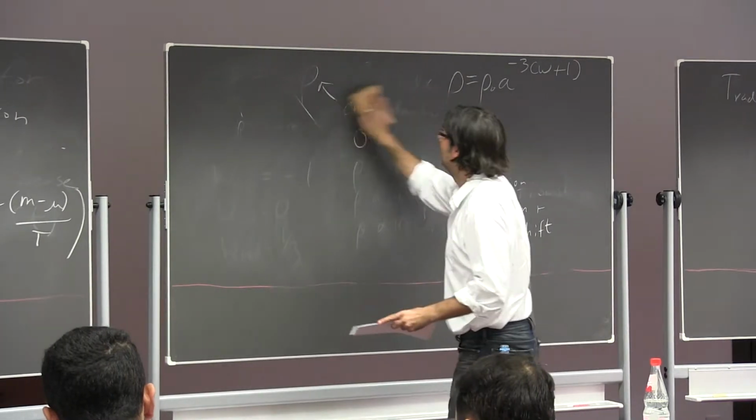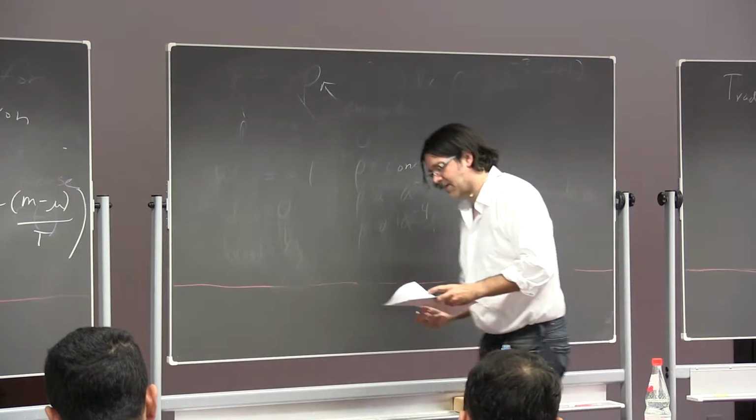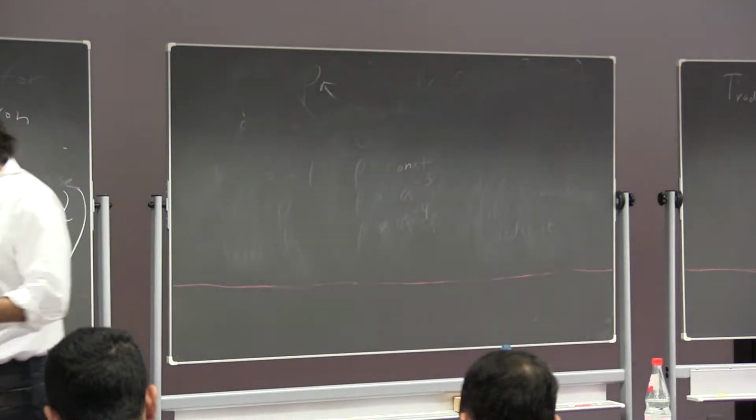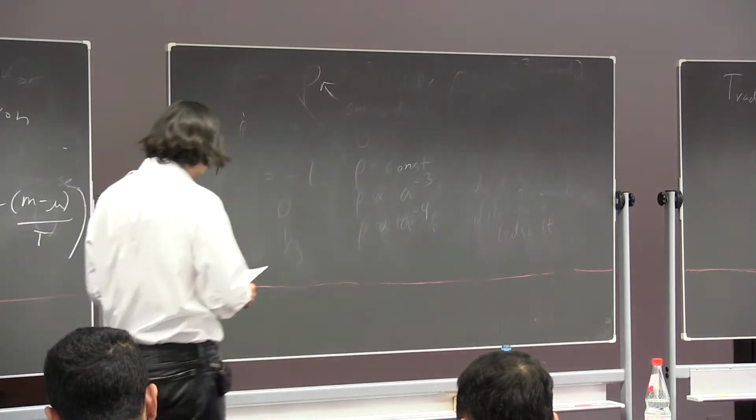So when I said this is a cheat sheet for cosmology, I was being serious. This is a lightning review, but just to make sure that we all have it written down somewhere.